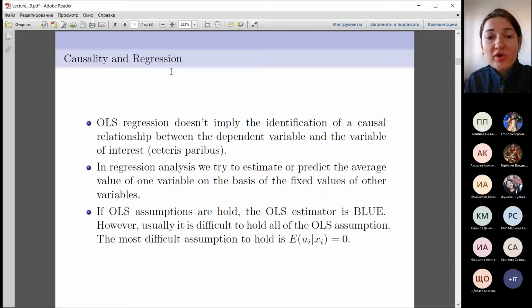Because how you construct your model, which factors you include in this model, which theory you use when you explain the relationship between the variables, it's your choice. And ordinary least squares regression itself doesn't mean that you identify the causal relationship between the dependent variable and the variable of your interest. It doesn't mean.